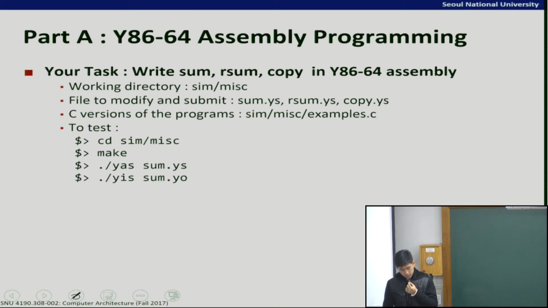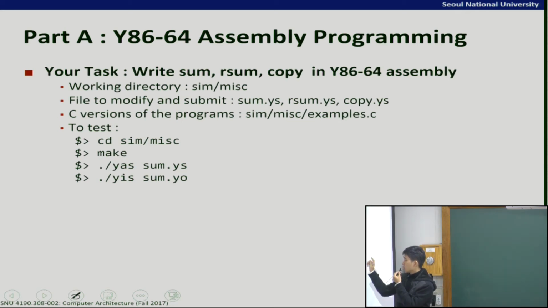The exact specification of the meaning of the programs is written in C in misc/examples.c. So all you have to do is translate the C code into assembly. Once you're done with the programming, you can test by following these command lines.